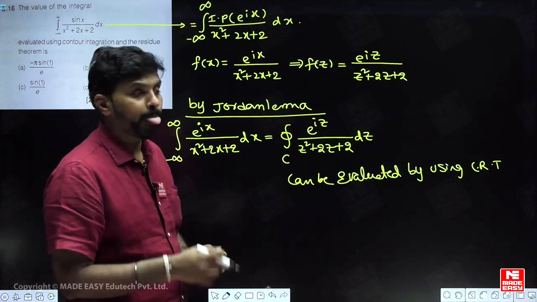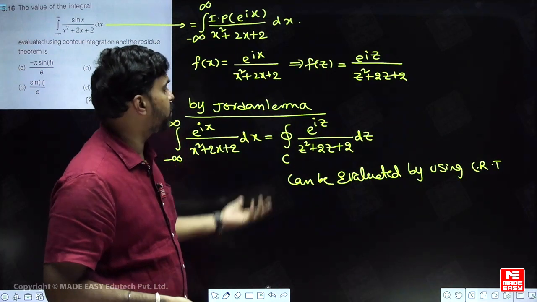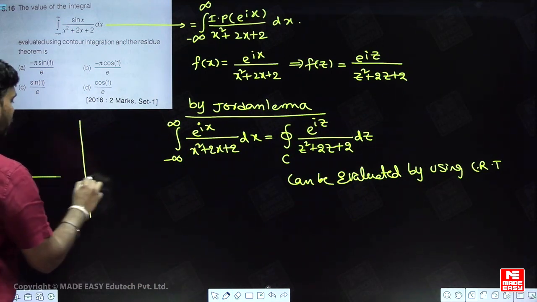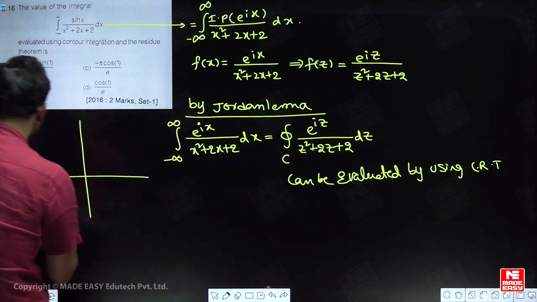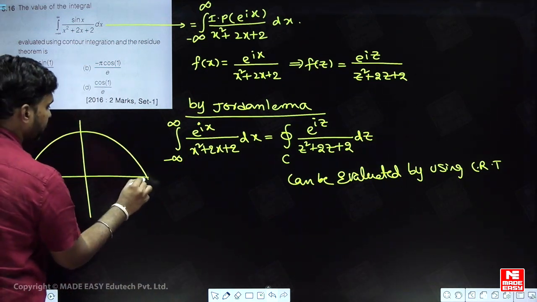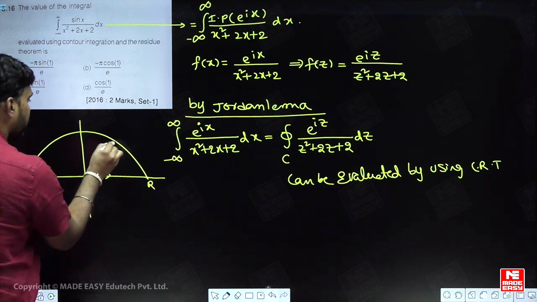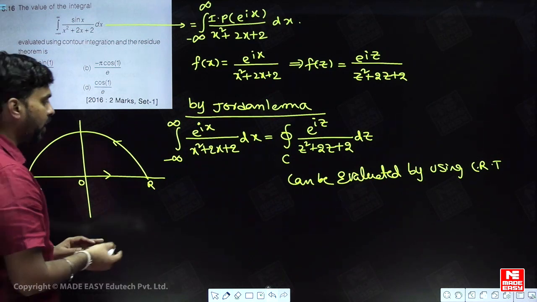But we should know which poles lie inside this semicircle, that is, inside this contour. From minus R to R, this is our contour, which is the upper half of the plane. Now let's find the poles.